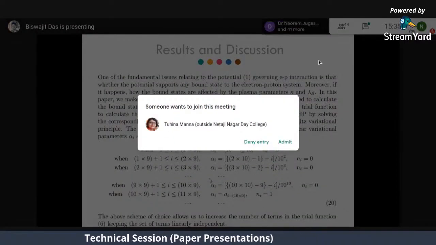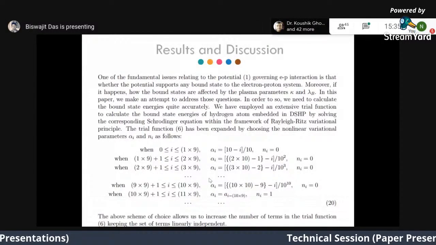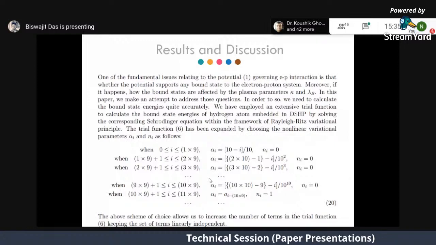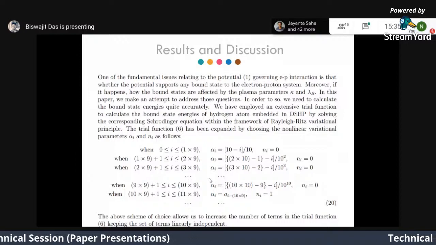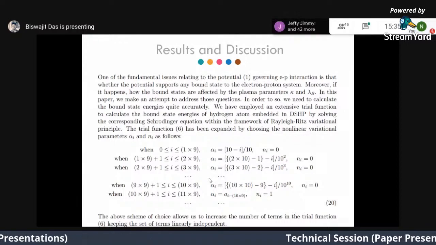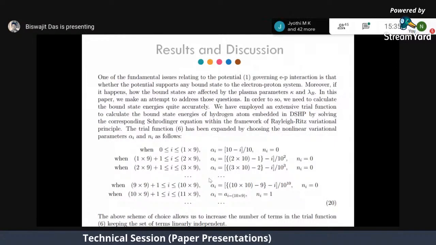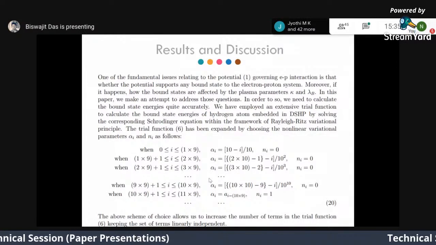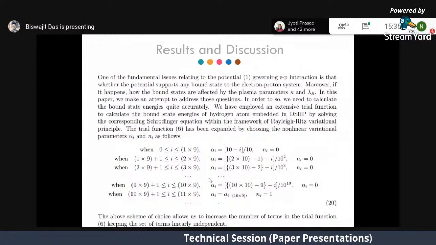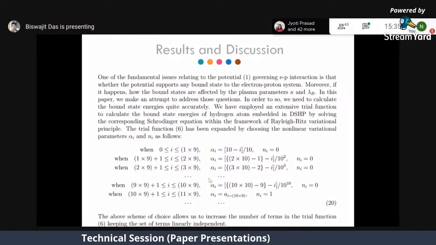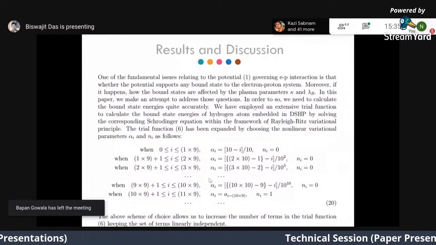So we need to calculate the bound state energies quite accurately. We have employed an extensive trial function to calculate the bound state energies of hydrogen atom embedded in dense semiclassical hydrogen plasma by solving the corresponding Schrodinger equation within the framework of the Rayleigh-Ritz variational principle. The trial function 6 has been expanded by choosing the nonlinear variational parameters alpha i and ni as follows.